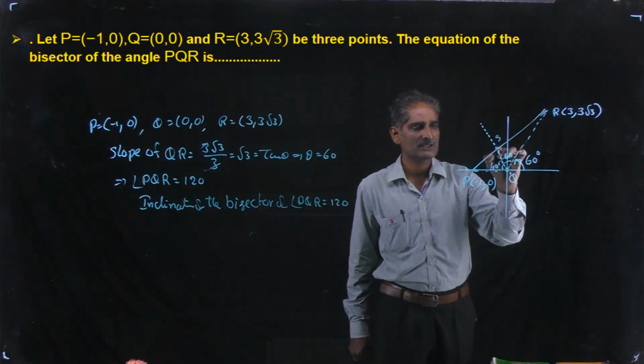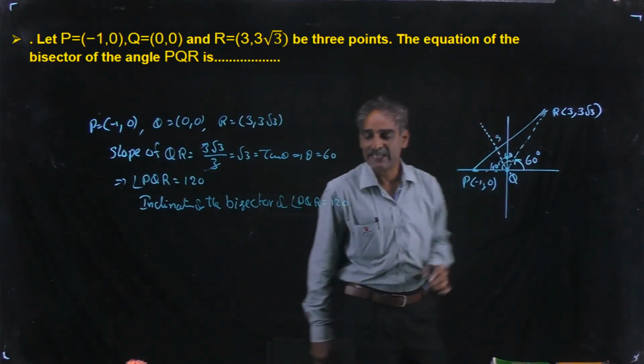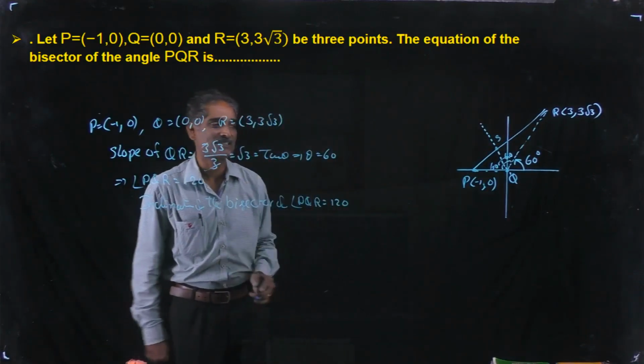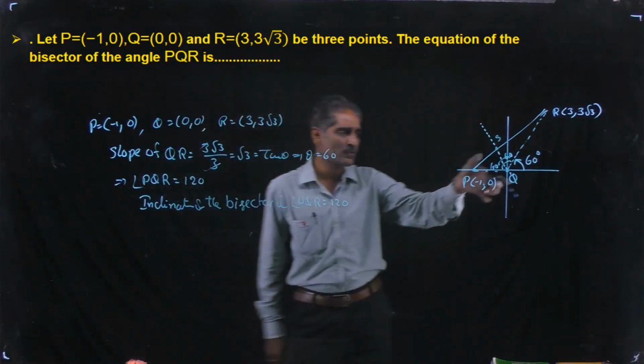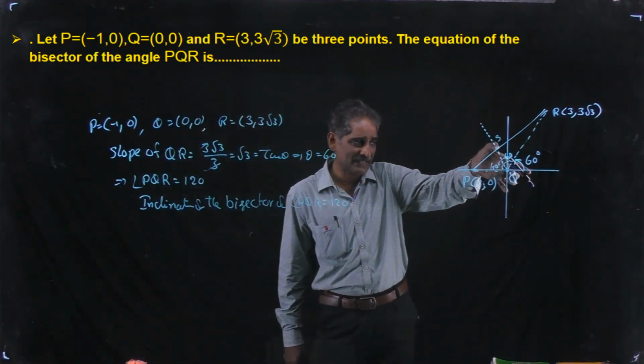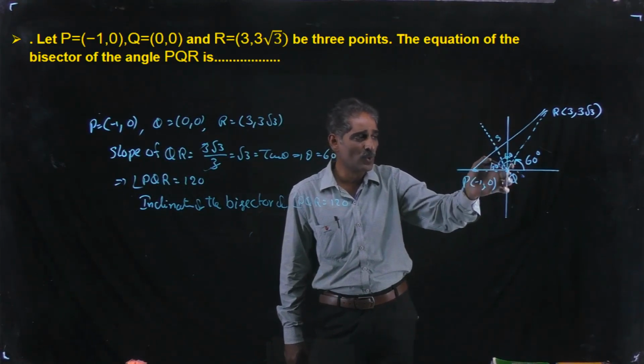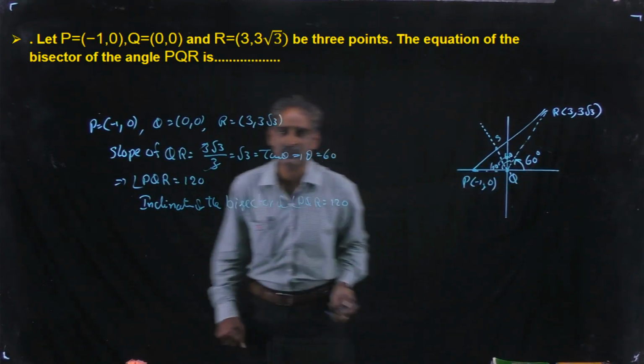Let us call this line QS. Now the equation of QS is the line passing through the origin with inclination 120 degrees.